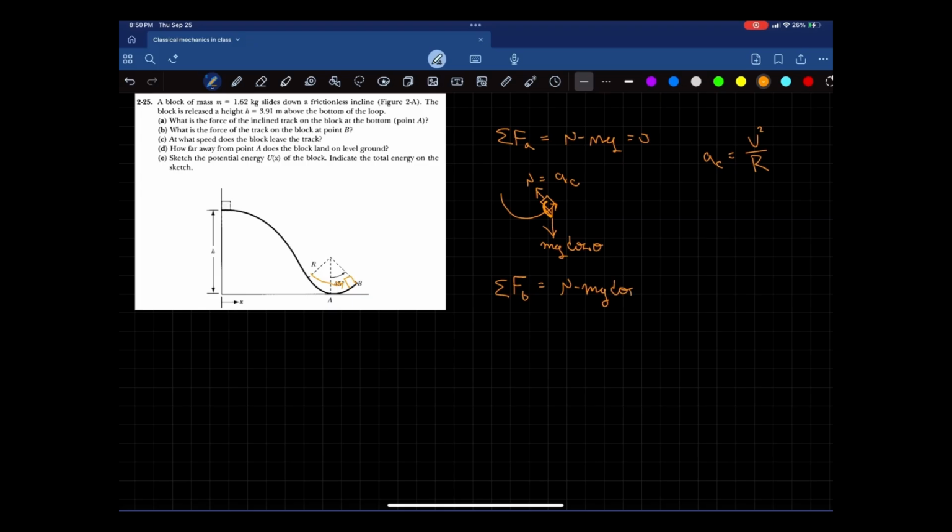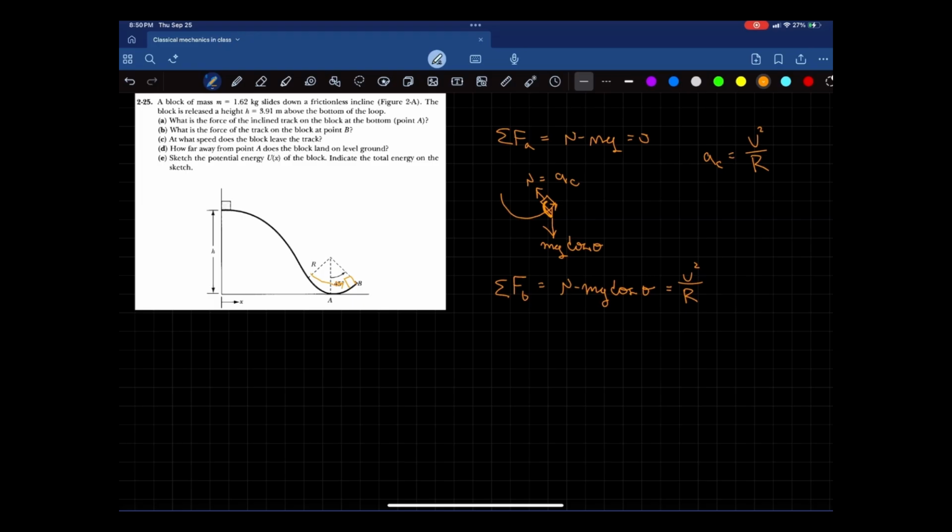So N minus mg cosine theta would be equal to the forces in this direction, and it is also equal to the centripetal force, because that's the only thing going on in the movement. It's going through the curve, which gives it a centripetal acceleration. Since it's not moving up or down, N minus mg cosine theta equals the centripetal term and not 0 this time. And that pretty much explains part B.